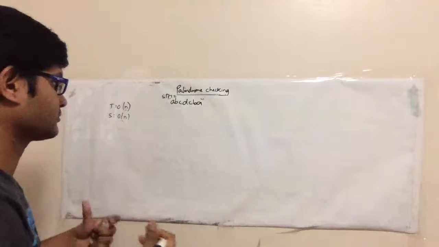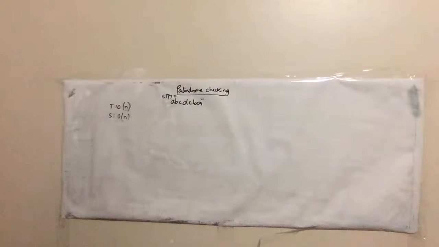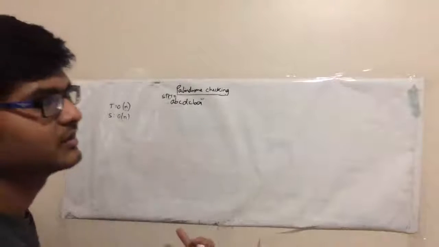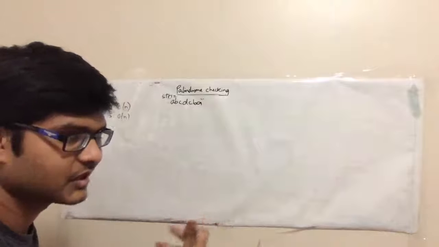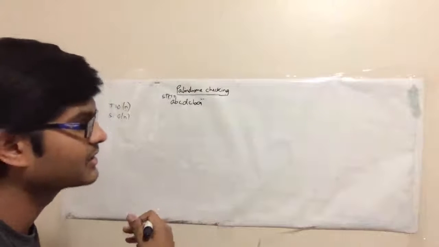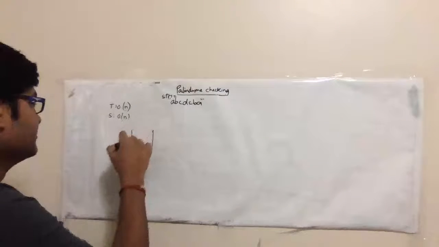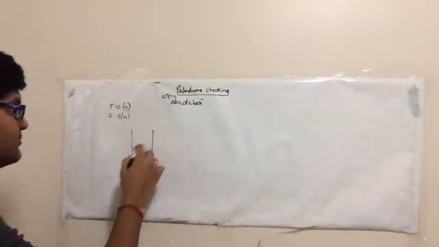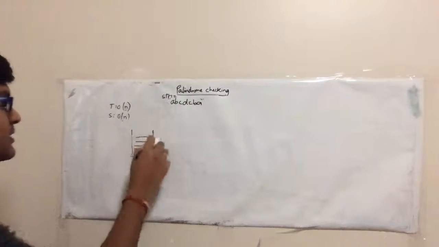Now the space complexity. In iteration we have seen that we are creating new lists or new strings. But in recursion, what will happen is it will create a stack where the function calls will be present.